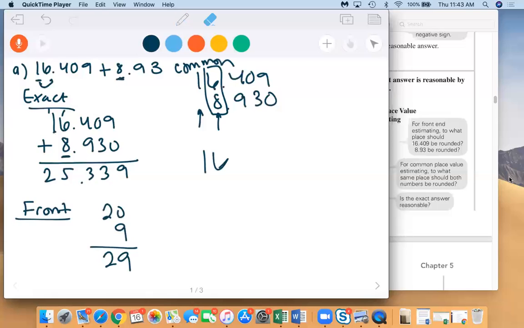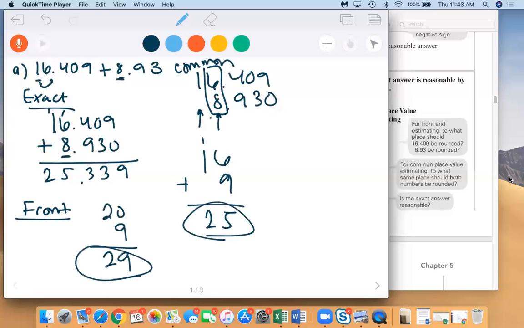That rounds it down. If it was 5 or higher, we would round up. We're going to round the other number to the same place, right? That 9 rounds it up to a 9. So when we add that, we get 15, carry the 1, 25. So that's our common place, that's our front, and that's our exact. You notice it's reasonably close to both of them, but it's very close to that common place.